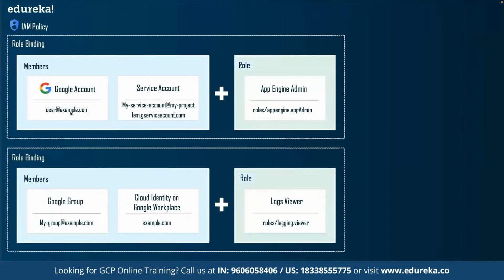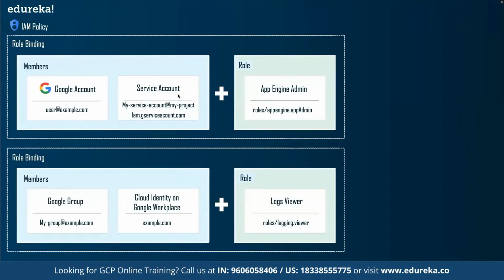Okay, and we have got something called a role. So the role that we have got over here defines a collection of permissions. These permissions determine what operations are allowed on a specific resource. Now, when you grant a role to a principal, you are going to grant all the permissions that this role contains.